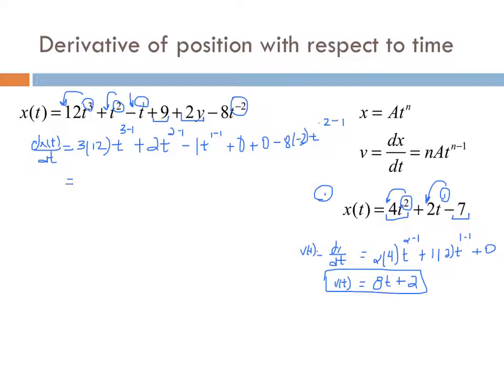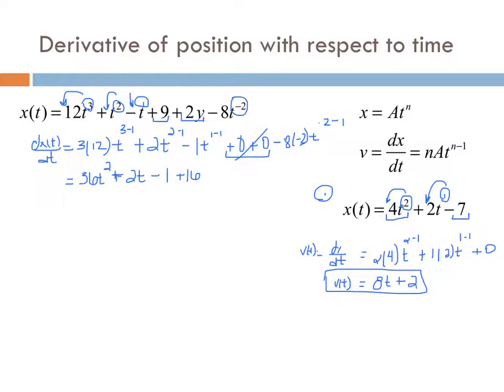Now, just to clean this up, this becomes 36t squared plus 2t minus 1 plus 16t to the negative 3 power. Again, these zeros don't count, so I'm not even going to write them.